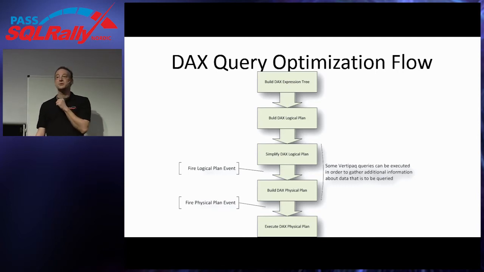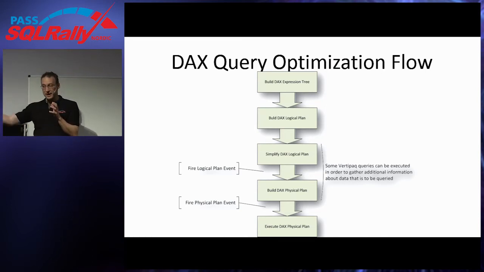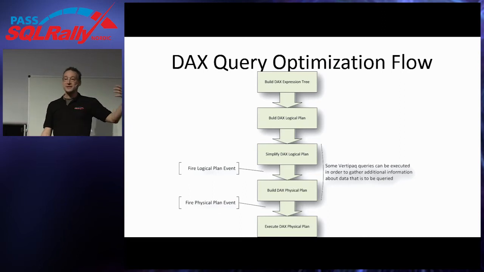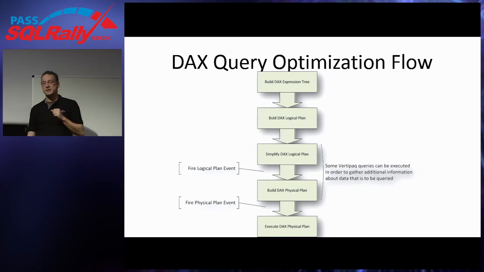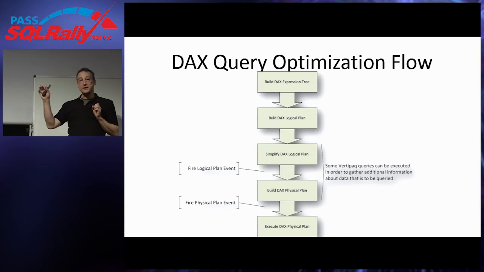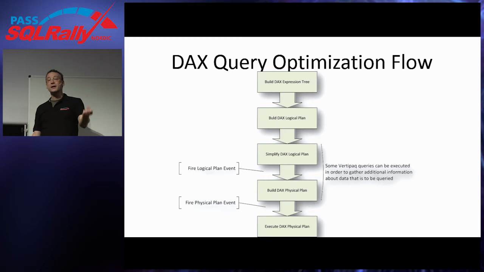Then it goes on executing. During execution, it runs again many vertipack queries, many queries against the vertipack engine in order to retrieve data, and executes the physical query plan, which is fired near the end of the process. All these events, the logical query plan, the physical query plan, and the vertipack queries, are events that you can grab using the SQL Server Profiler to understand what happened inside your query.